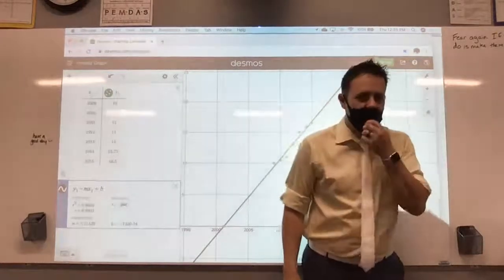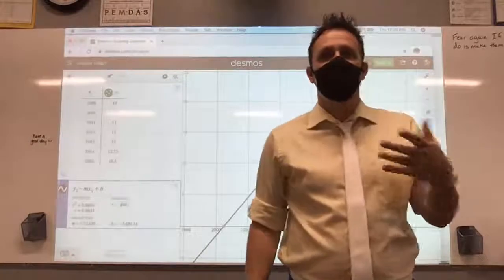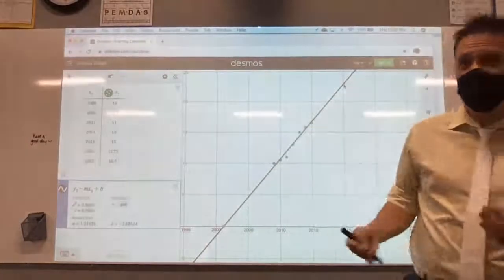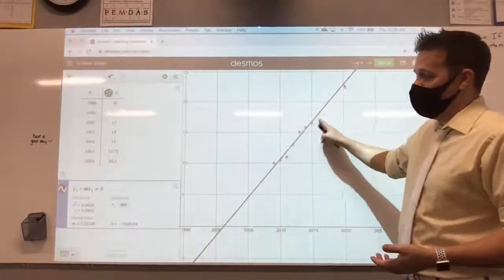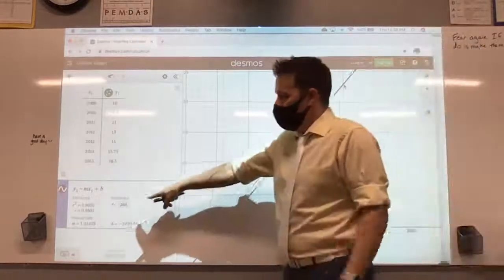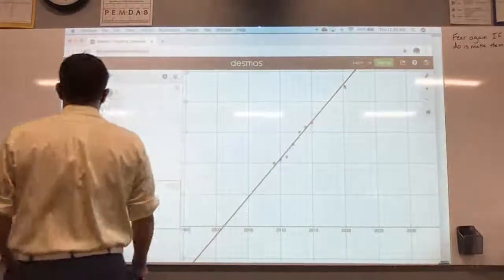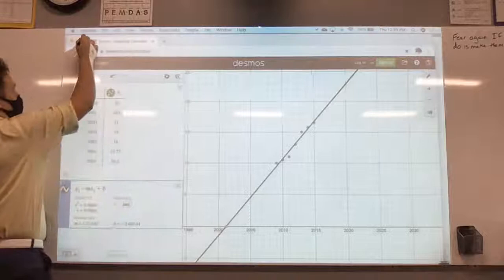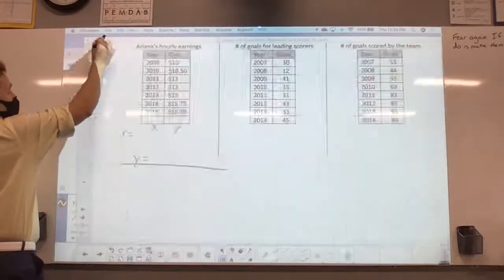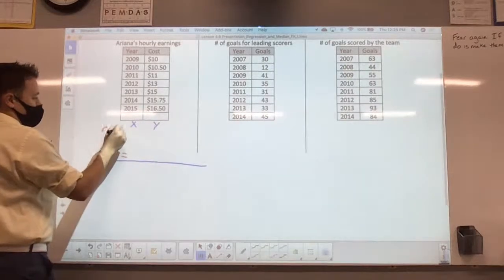She should start worrying about whether she's getting paid what she's worth, because she used to get a nice little solid line here. All right, so R is 0.98, which means it's a strong correlation, which means she could use this in the future for scaling.